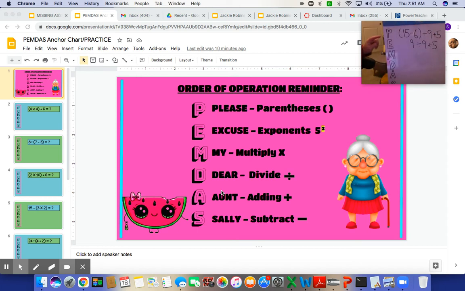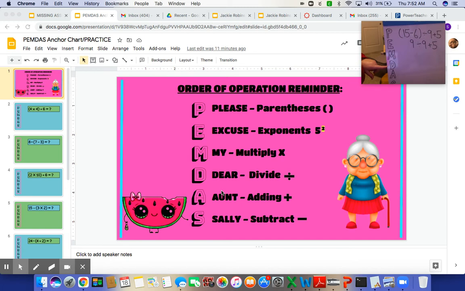So if we're looking at our chart to help us, or you can check out the anchor chart on these slides. Please stands for parentheses. Excuse stands for exponents. My multiplication, which we don't have. All we have left is division and addition. And then next is D, division. So we're going to do division next. 9 divided by 9.